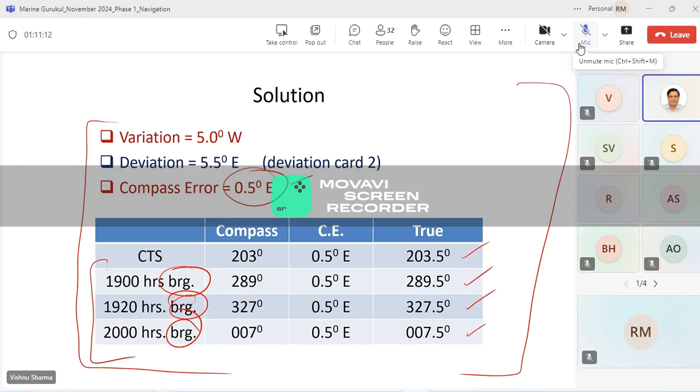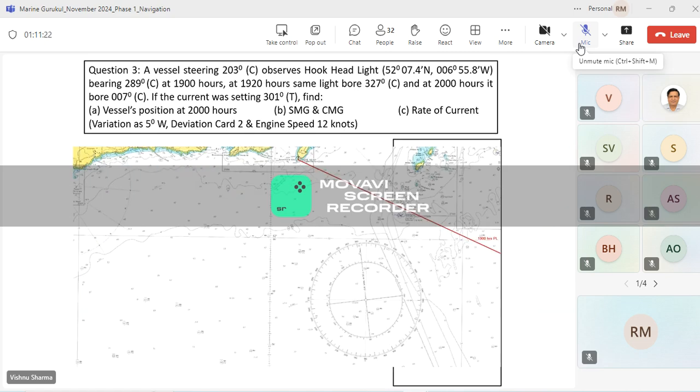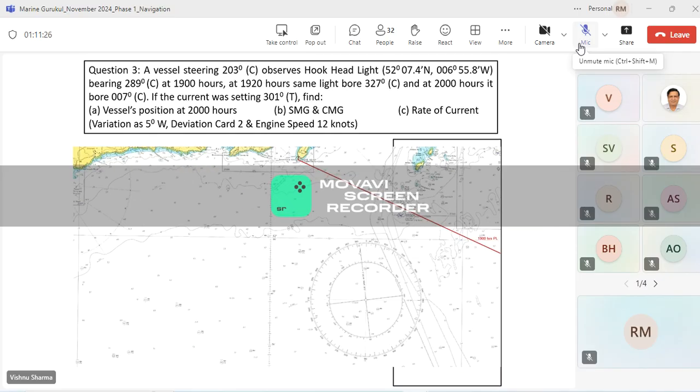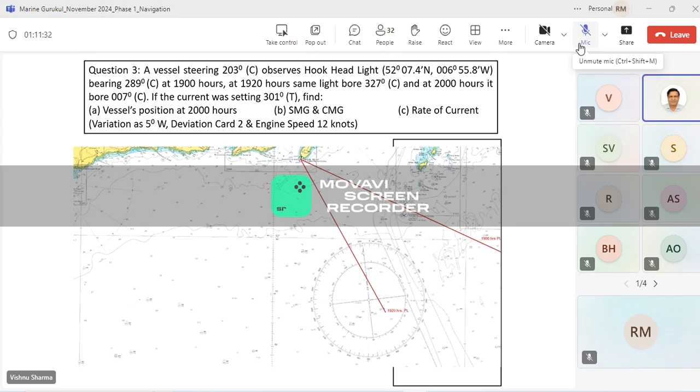And error will depend on the CTS. Is it now clear, Sampath? Don't make this mistake, please. Now, guys, I plot these 3 PLs. They are all true now. So I plot these 3 PLs.